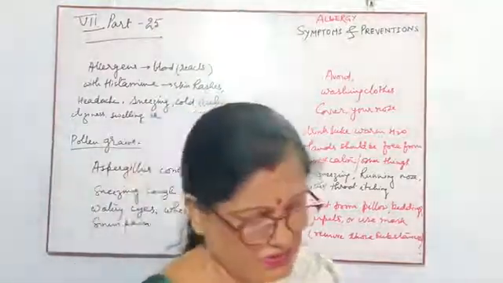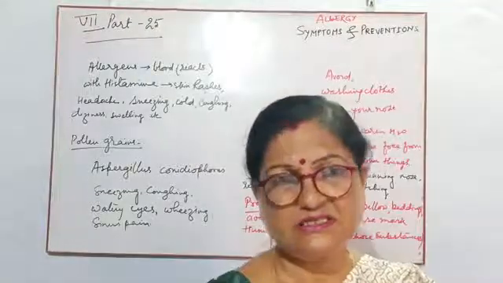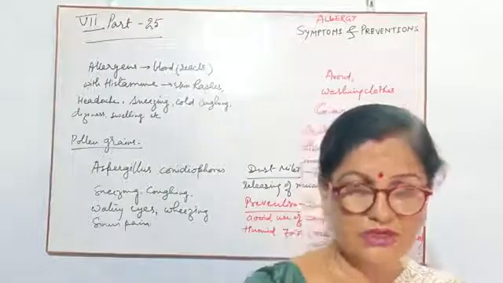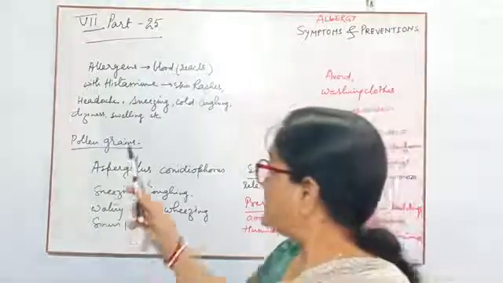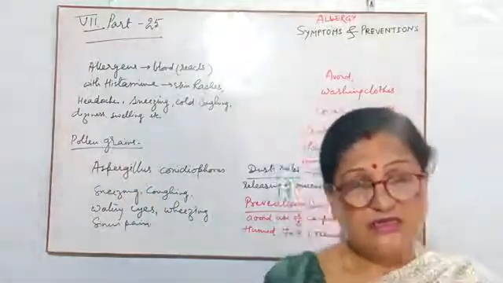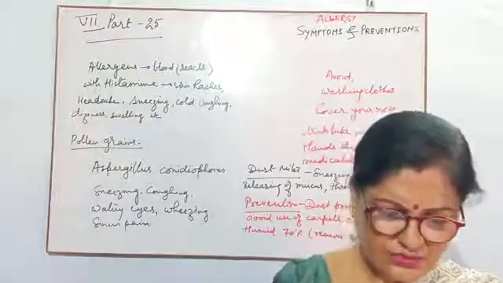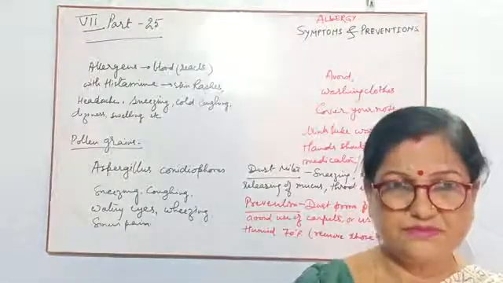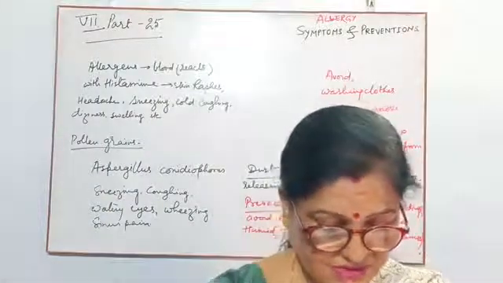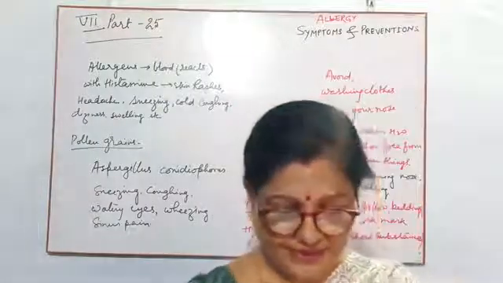When it attacks our brain, it gives some dizziness, mane chakkarana, that means it reacts to our brain and we get dizziness. Then if it reacts on the skin, we get some swelling on the skin. So these are the mostly normal symptoms by which we can know that we got the allergy.